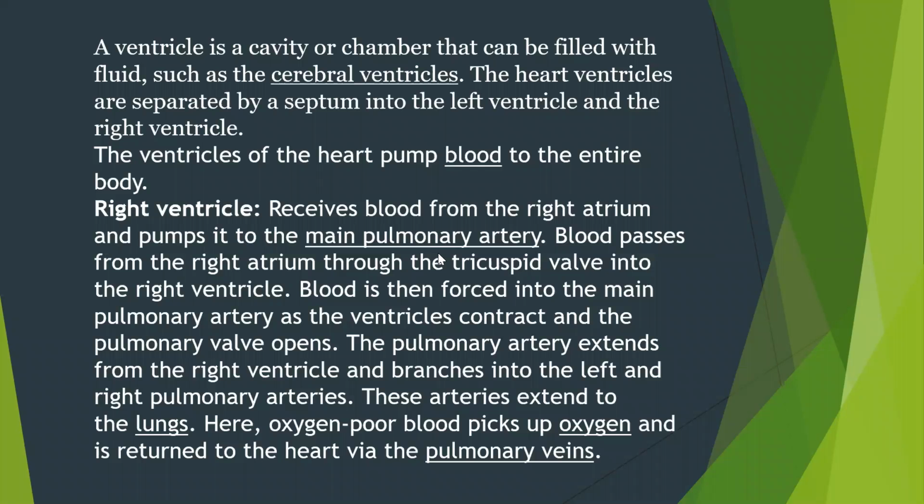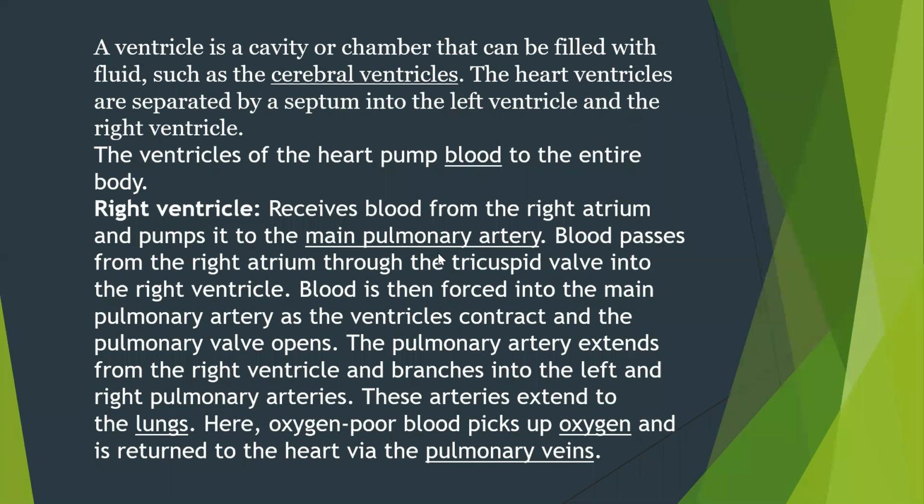What is the function of the right ventricle? It receives the blood from the right atrium and pumps it to the main pulmonary artery. But for now, you have to just keep yourself calm and try to understand what I'm saying, because at the end, when I summarize everything, you will understand everything. So let's start again. What is the function of the right ventricle? It receives the blood from the right atrium and pumps it to the main pulmonary artery. Pulmonary artery means it is related to the lungs.